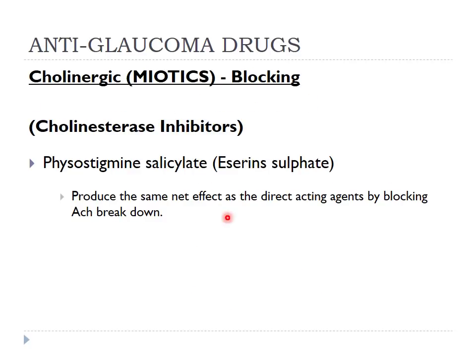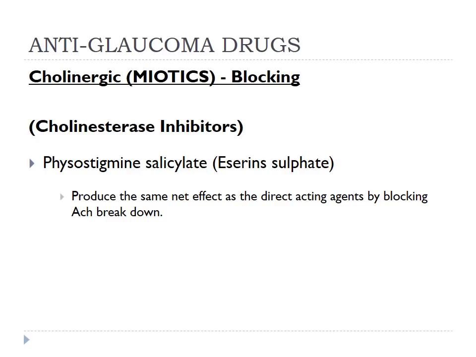The other drug that is a miotic, that is a blocking drug, are these things called cholinesterase inhibitors. Okay. And pretty much there is this one here called physostigmine salicylate, which is almost like maybe it's related to ASA. It produces the same effect as the direct acting agents that we talked about on the previous slide, but what it does is it actually blocks ACh breakdown, because this is happening in your eyeball like it happens everywhere else.